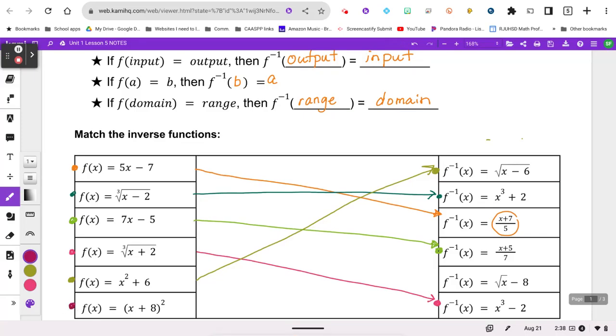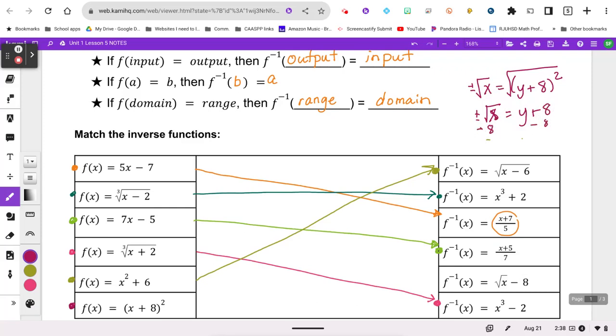We're going to get x equals y plus 8 squared. We're going to take the square root on both sides. Usually we'd have plus and minus there, but we didn't put it in. And so we get plus and minus square root of x, minus the 8.